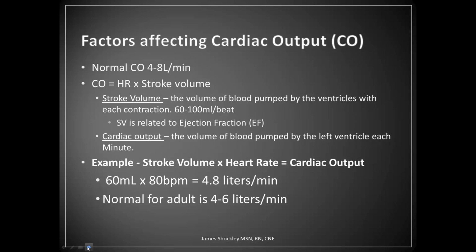So if I have 60 milliliters as my stroke volume, and my heart is beating 80 beats per minute, I have a cardiac output of 4.8 liters a minute. So that will give me an overall cardiac output of 4.8, which is where I want to be. It's right in the sweet spot. And we'll look at things that are going to affect cardiac output and how we put this big picture together.